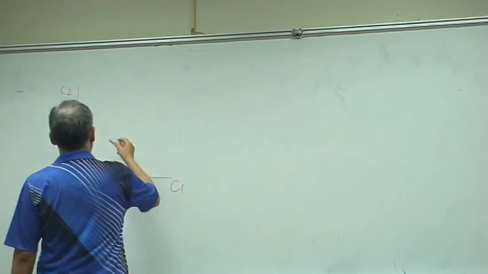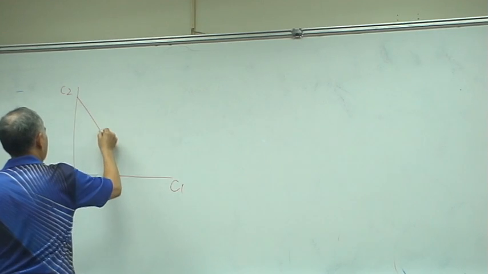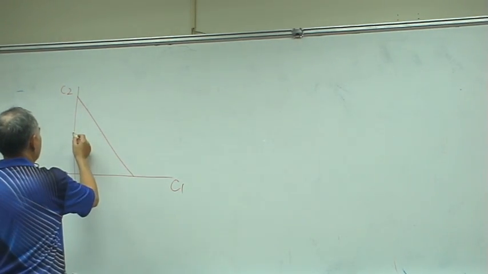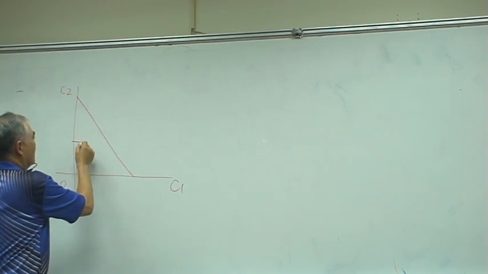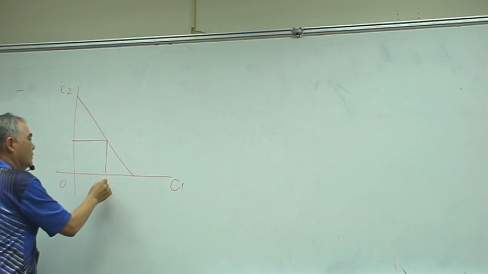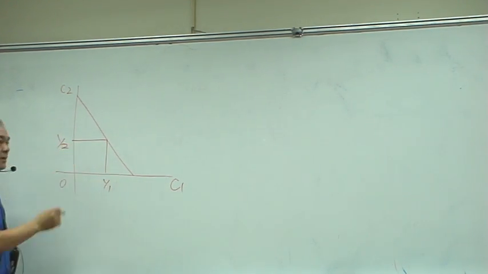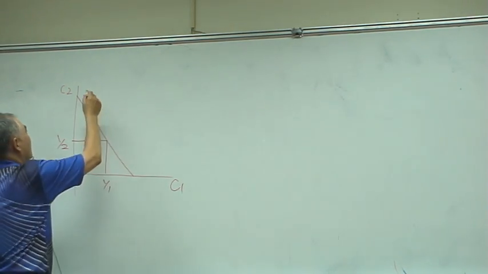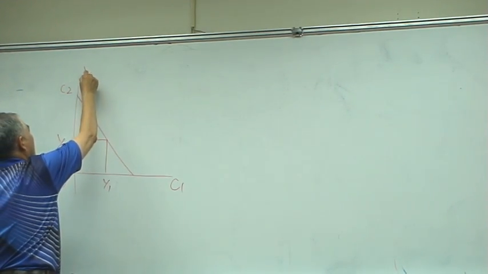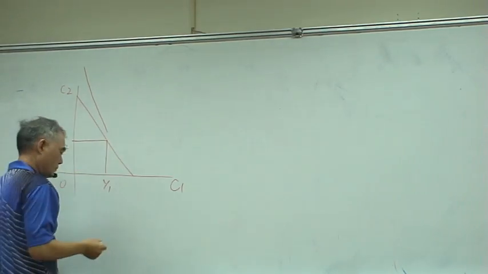First, okay? So the income year one or period one is Y1, and here you have Y2, right? Okay? And let us say this person is a, so hold on.